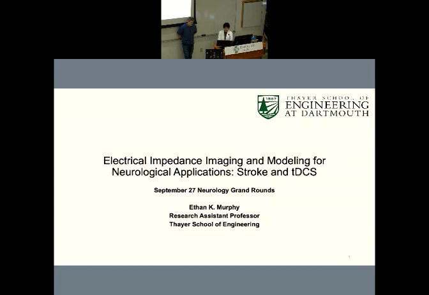His previous projects include pulmonary and perfusion monitoring, bleed detection, imaging for breast and prostate cancer, and muscle property imaging. Today we're excited to learn more about Dr. Murphy's research in electrical impedance imaging and modeling for neural applications. So welcome, Dr. Murphy, and please get started.